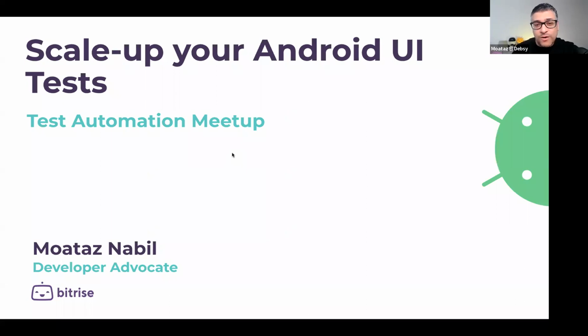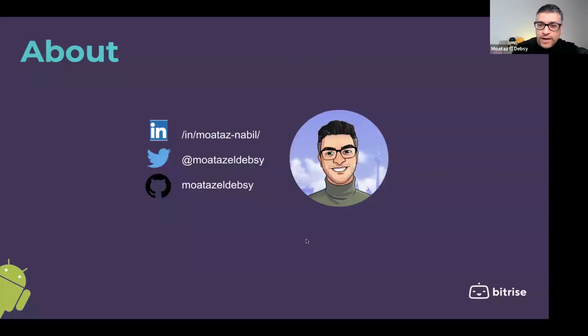Now I'm focusing on mobile DevOps, trying to help mobile developers and QA engineers accelerate UI testing and build times to be able to ship mobile apps frequently and easily.